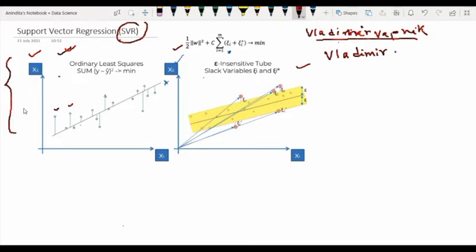On the left, we have applied simple linear regression with a method known as the ordinary least square method.